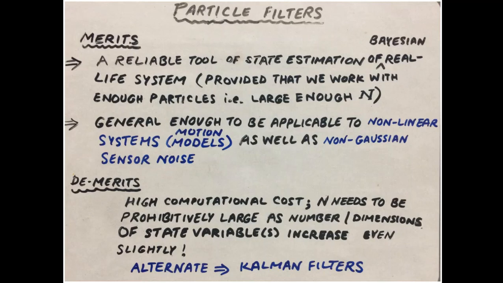But one downside or one demerit of the particle filter is that it incurs a high computational cost. In order to have an accurate estimate, you need to work with a large number of particles. And we saw that in our example, we had about 10 particles to estimate a state of a binary state variable x.